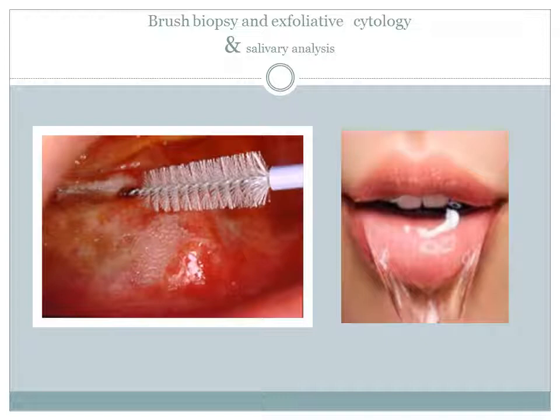Brush biopsy is based on the analysis and interpretation of the characteristics of the cell sheet from a mucosal surface. Salivary analysis consists of analysis of salivary composition and the shed oral epithelial cells.